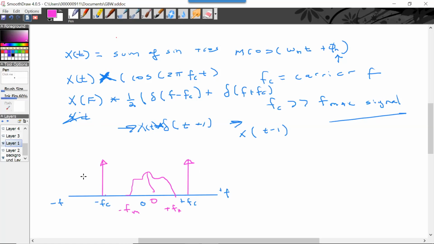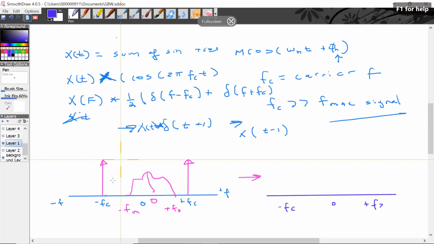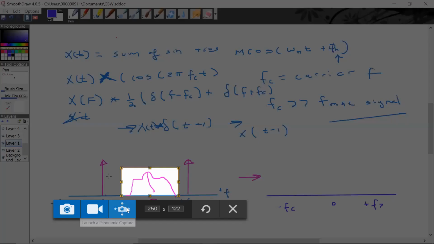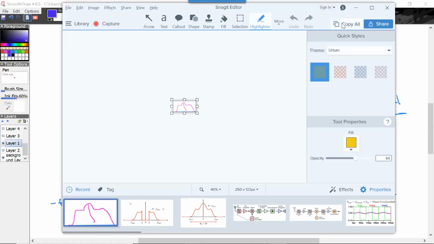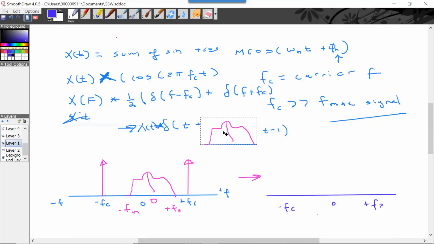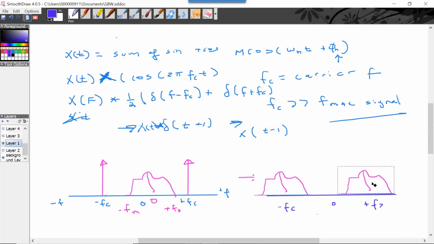Well, when you convolve this with these, everything is translated to plus or minus the carrier frequency.